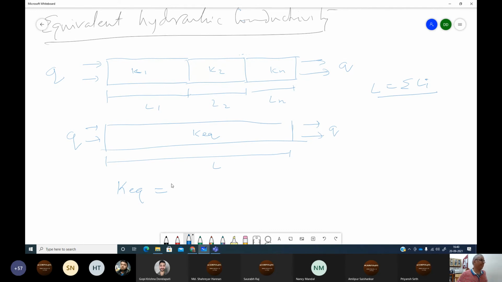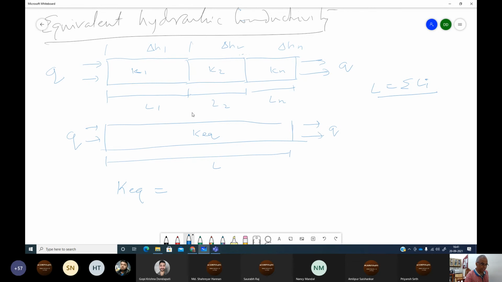What is changing here? Pressure drop, right? So the total pressure drop remains the same. Here we have n number of pressure drops, let's say del H1, del H2, and del Hn.